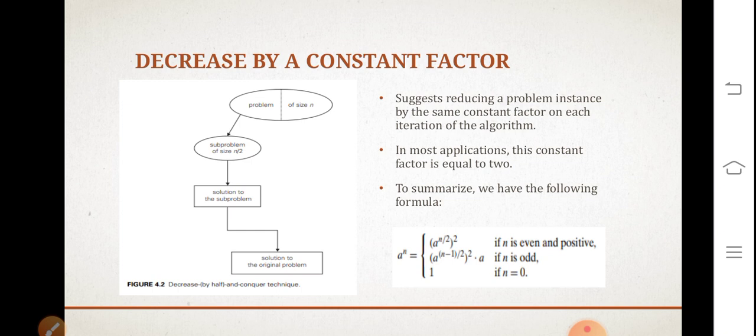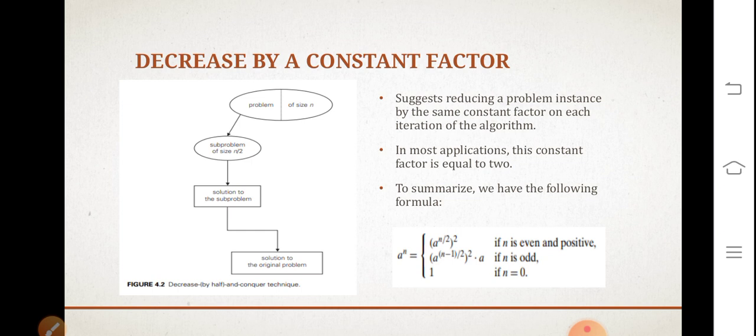For example, let us revisit the exponentiation problem. If the instance of size n is to compute a raised to n, the instance of half its size is to compute a raised to n by 2, with the obvious relationship between the two: a raised to n equals a raised to n by 2 whole square.